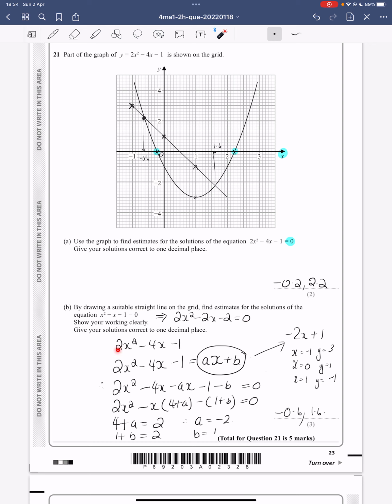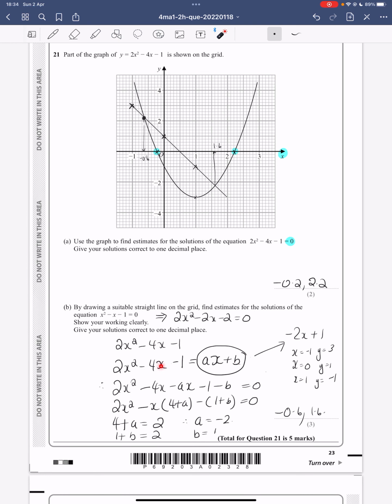So our graph that we've got is 2x squared minus 4x minus 1. And we want to know, when we draw this line out, it's going to be where the straight line crosses with the curve. That's where the x values are going to be. So we need to find the straight line.